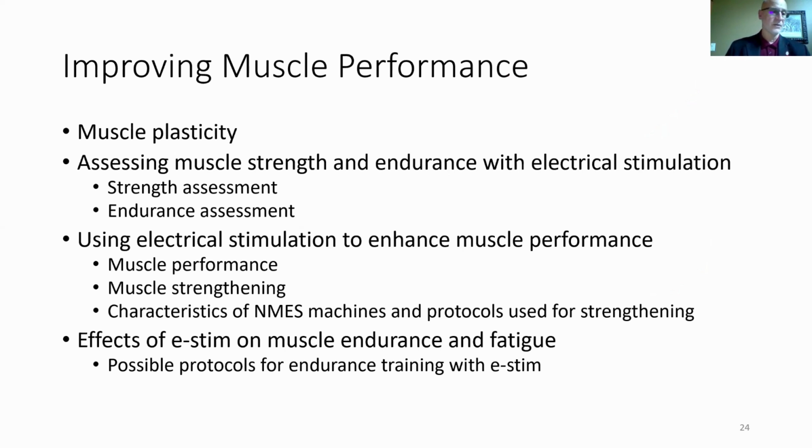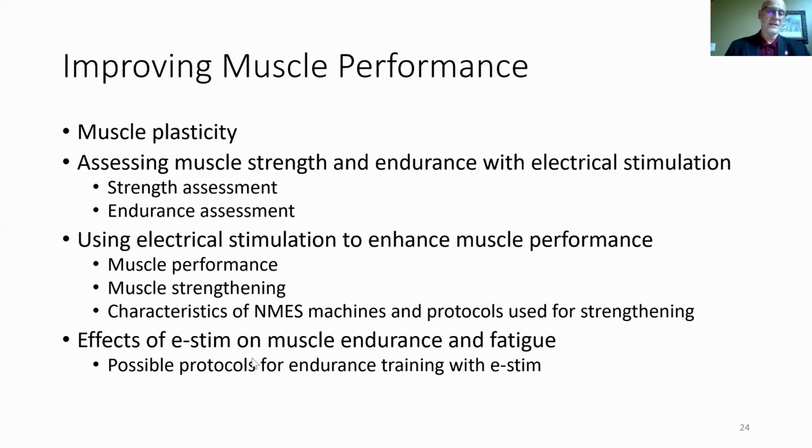So one of the things we can do is improve muscle performance. There are studies out there that show changes in muscle plasticity with the use of E-stim. We can also use it to assess strength and endurance, although the protocols for endurance are not well known. Primarily what we do is use electrical stimulation to enhance muscle performance. That means activation, that means strengthening, and to be able to do that, we need to know the characteristics of the neuromuscular electrical machines and the protocol used for strengthening.